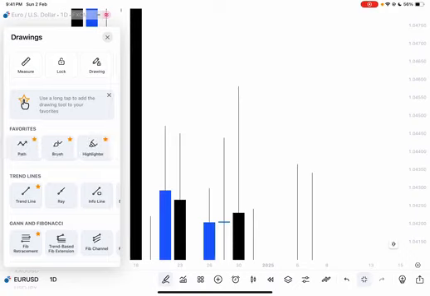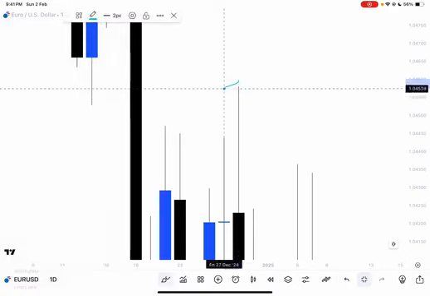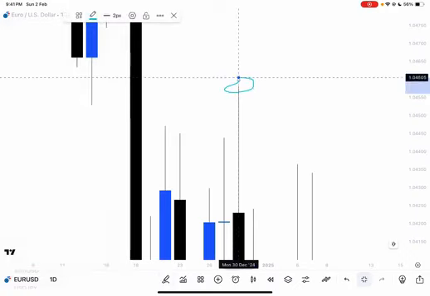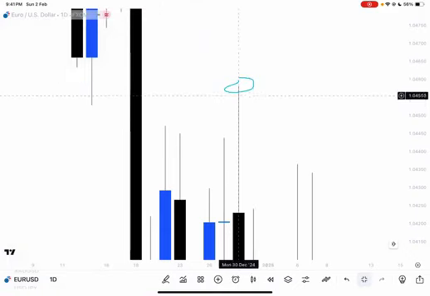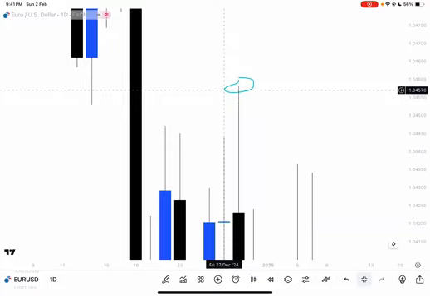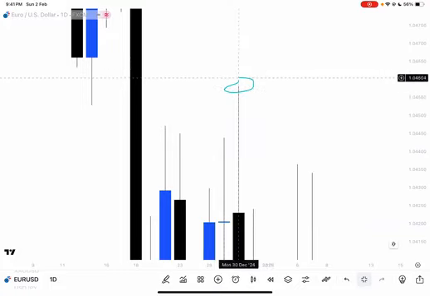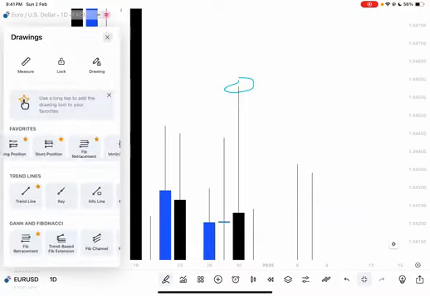On both sides of this tip, this side as well as this side, there shouldn't be any wick or body formed. If such a scenario happens, we can consider this a high. Okay, so this is our high.